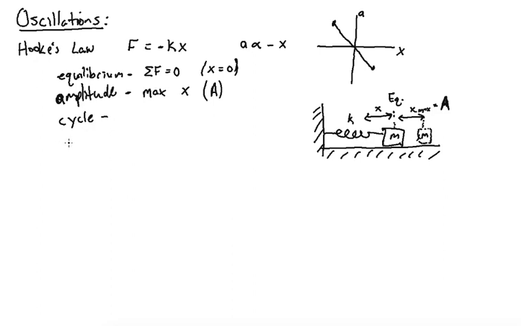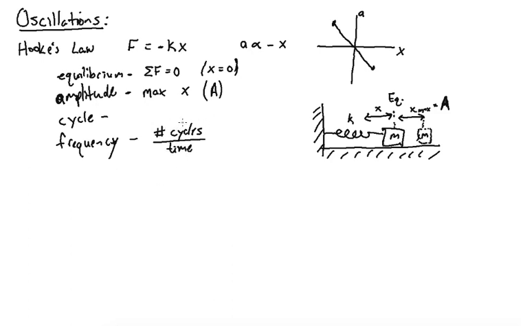Next thing is frequency. This essentially tells you how quickly it's going through cycles. It's essentially the number of cycles per time.